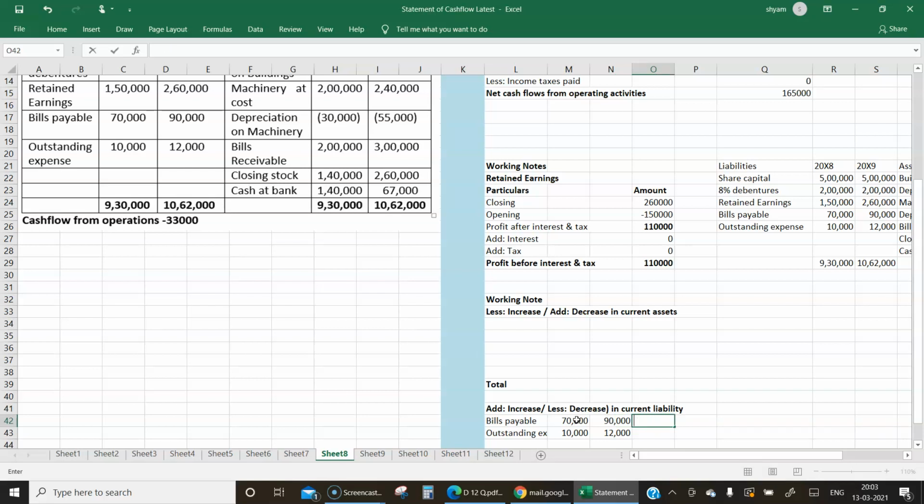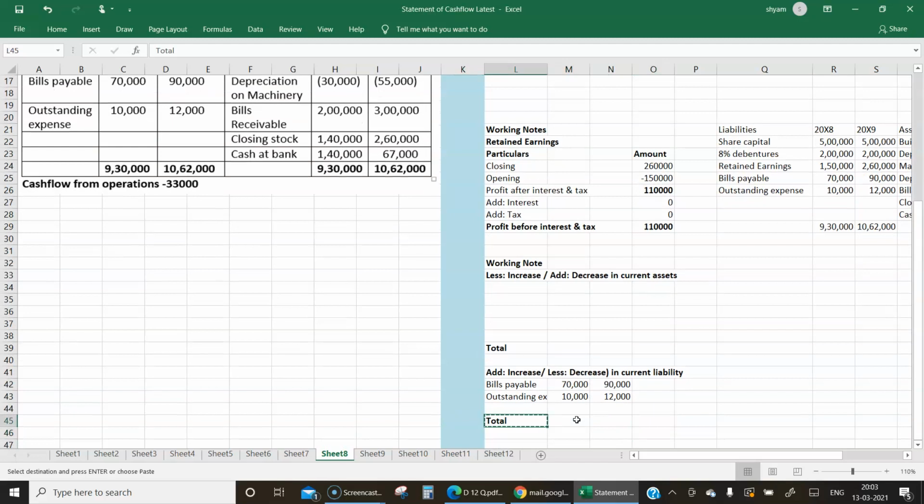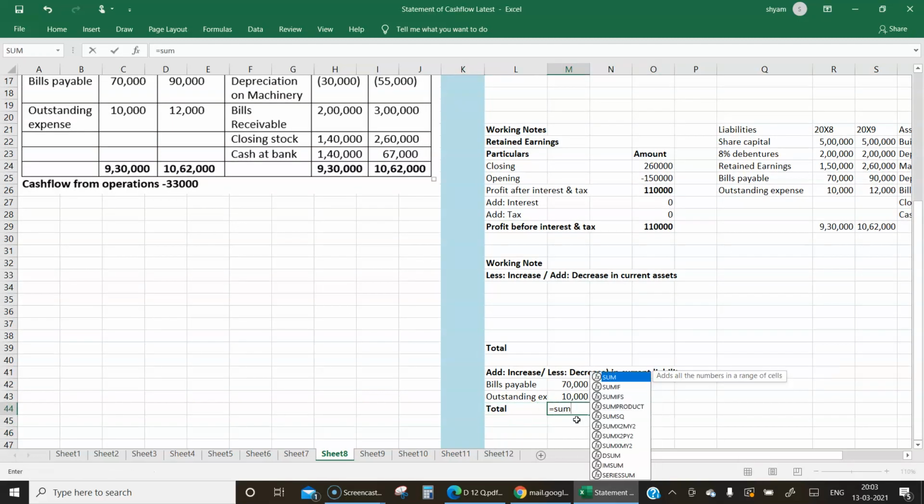Okay, but we can take the total because total gives us a quick answer. We don't need to adjust all. Okay, the difference alone we'll see. So this year it is 1,02,000. Last year it was 80,000. The difference is 22,000. What has happened?